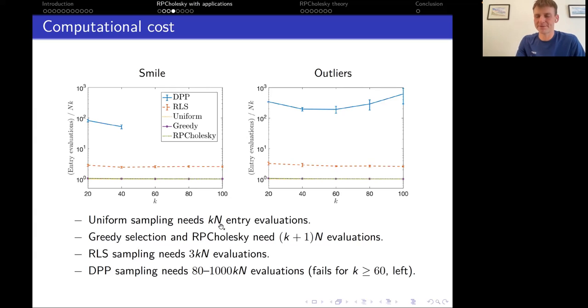Uniform sampling, you wouldn't even need to look at the diagonal, just the selected column, so it's exactly kN entry evaluations. Greedy selection and RP-Cholesky, you do need to look at the diagonal. If you know a priori it's all ones, then it's exactly kN, but if you don't know that a priori, it's (k+1)N. So, okay. RP-Cholesky avoids the failure modes, pretty cheap in practice. These are silly examples. I'll just give one example, which I think matters.